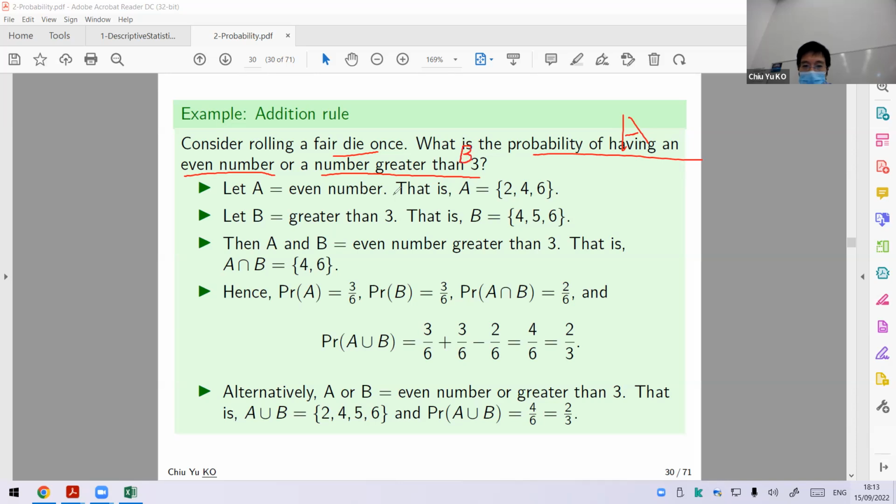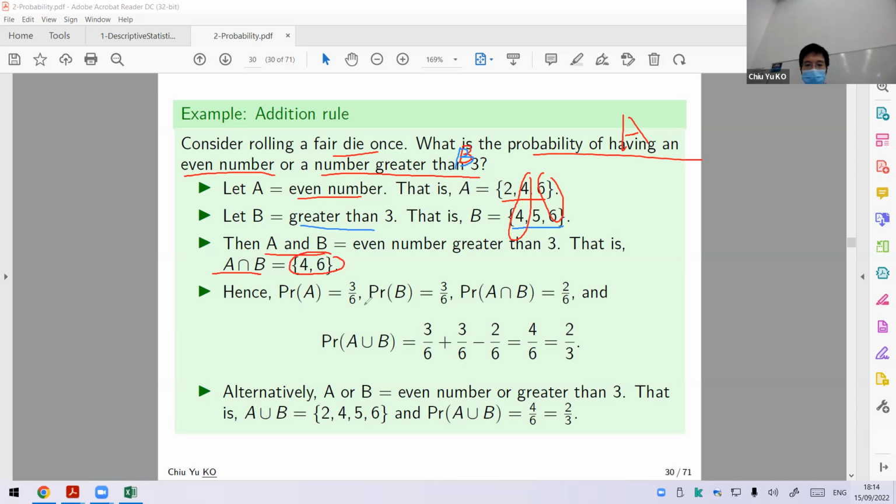The even number is just 2, 4, and 6, and greater than 3 is just 3, 4, 5, and 6. And what is A and B, the even number greater than 3, or A intersect B? You just find the common elements, which are 4 and 6. That is the intersection here.